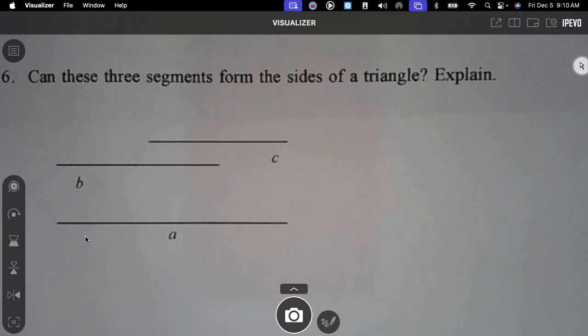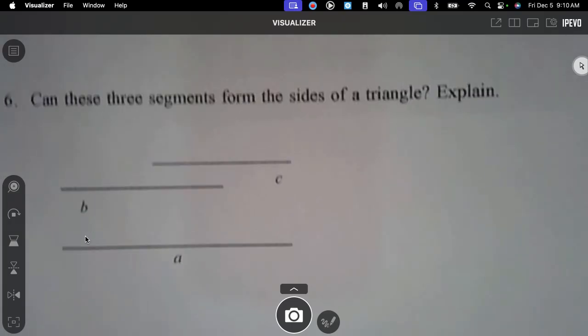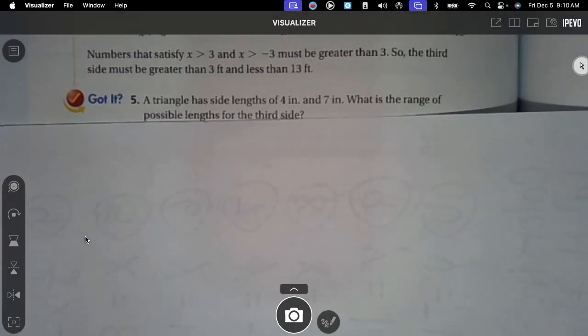I did these 2, but I did B and A. If I did B and A together, would they be bigger than C? Yes, so just by eyeballing it, would those 3 sides make a triangle? They would. Okay, so that one was just weird. There's no numbers. You're just looking at it. I think you can do all of them, but number 7, and I may draw a picture in a second.